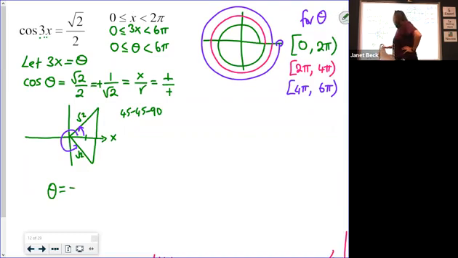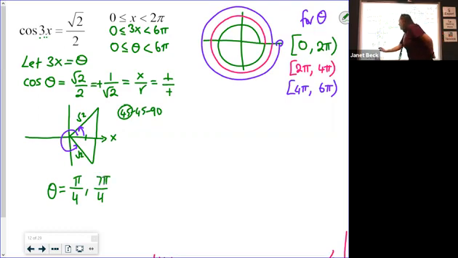So I've got 2 answers at this point, and the denominator is 4, because it's based on a 45, 45, 90 triangle. Quadrant 1, it's pi by 4. In quadrant 4, it's 7 pi by 4. These are answers in the range 0 to 2 pi. So I've done these ones.